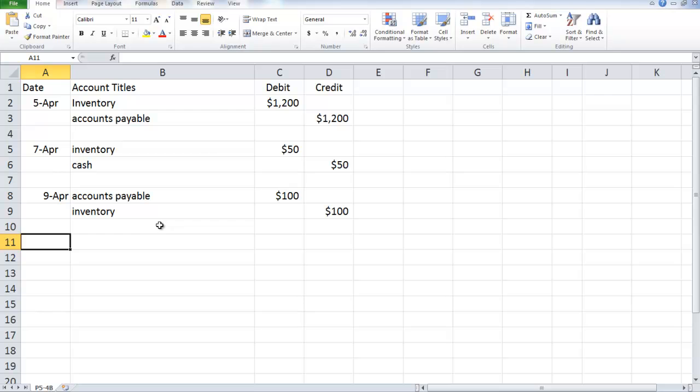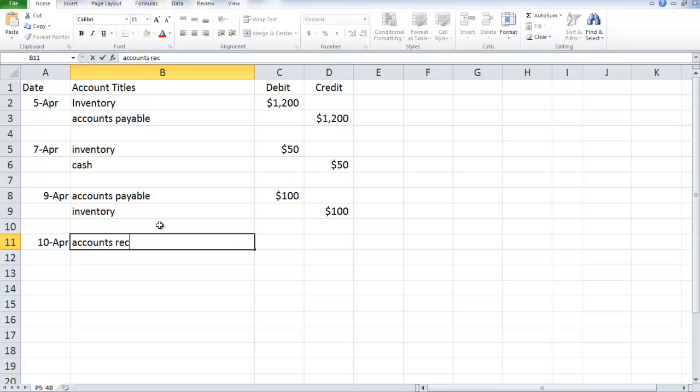Then on the 10th, Ben is now a seller of merchandise. So they sold merchandise on account for $900. The terms are net 30. There is no discount, and the merchandise sold has a cost of $540. So we have two transactions. The first is we have a sale, and that sale was for $900.